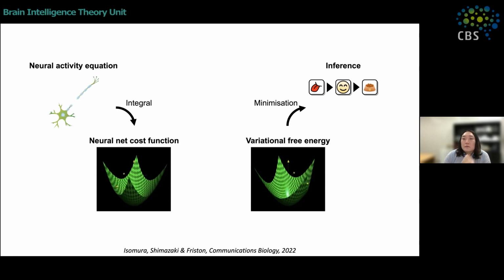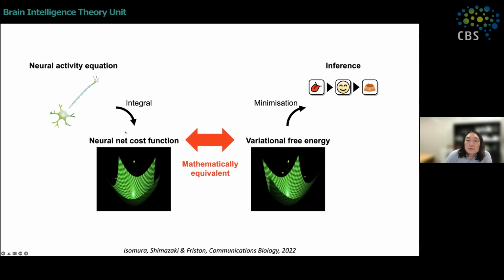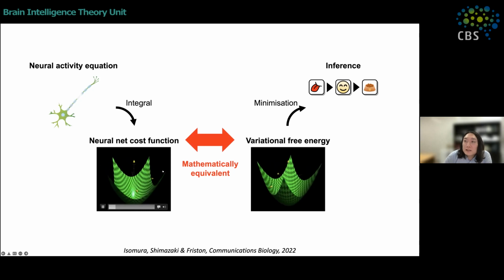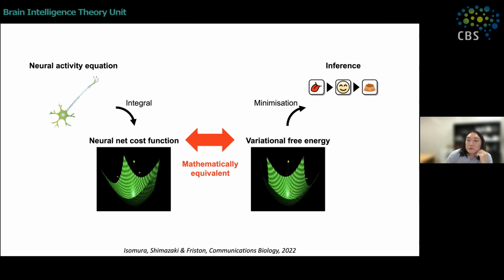And our work showed the clear equivalence between those two cost functions, which have seemingly different backgrounds. But interestingly, mathematically speaking, they have exactly the same form. So we can say that for any neural network cost function, we can consider the corresponding free energy function.